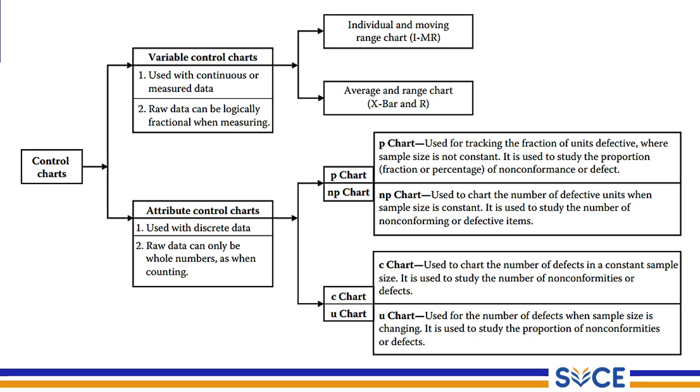NP means you chart the number of defective units when the sample size is constant. So P means the sample size is not constant, NP means the sample size is constant. Similarly, C and U are used to chart the number of defects. The C chart is for a constant sample size, and the U chart is for when the sample size is changing.